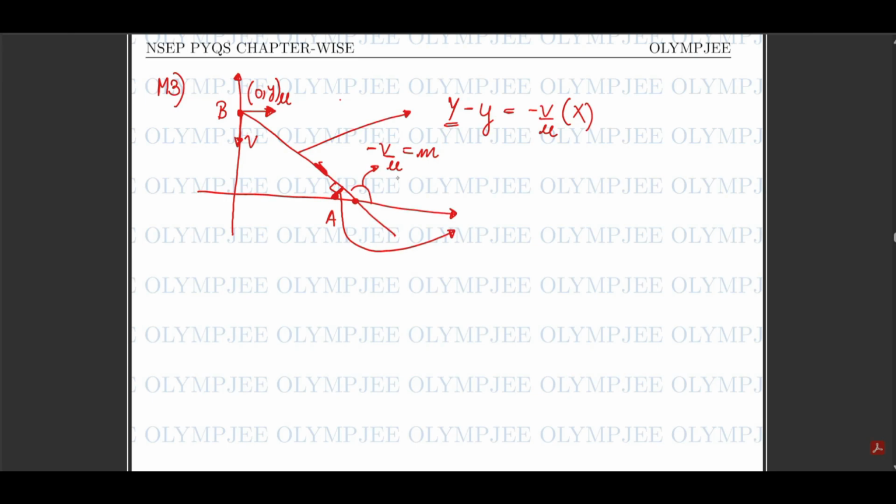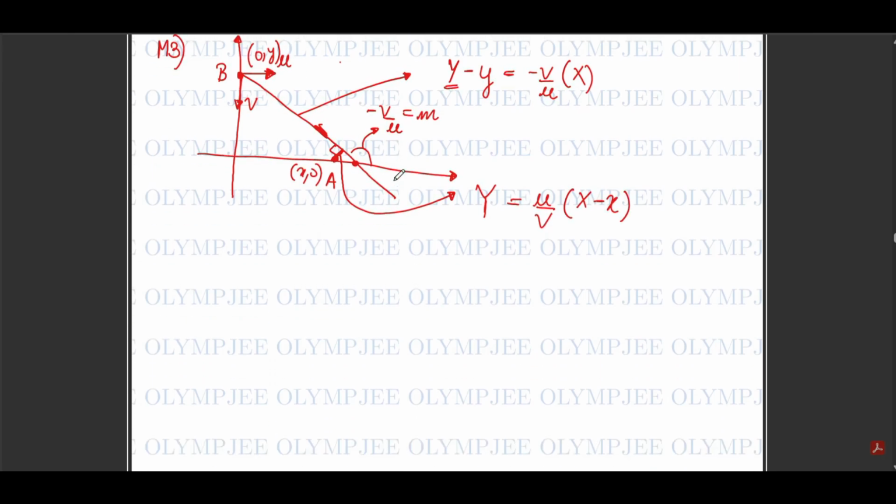So the slope will be negative inverse of minus v by u, which is u by v. So we can write it as, since this coordinate is x comma 0, we can write it as, so we need to find the intersection of these two lines.